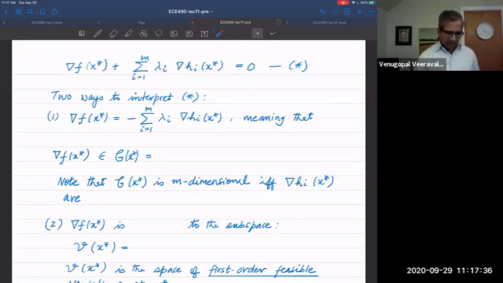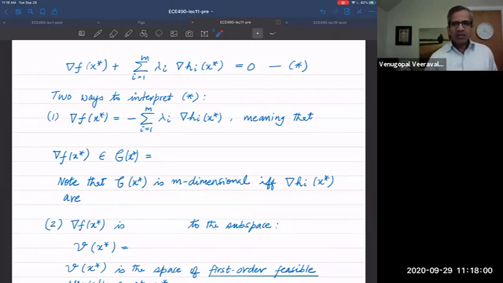So there are 2 ways to interpret this. One is that this says that the gradient is the negative of the linear combination of these gradients at x star. By the way, the lambda i's could be positive or negative, so the coefficients multiplying the gradients of hi's could be either positive or negative.